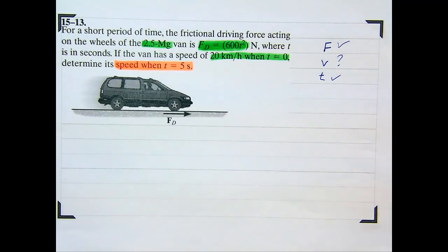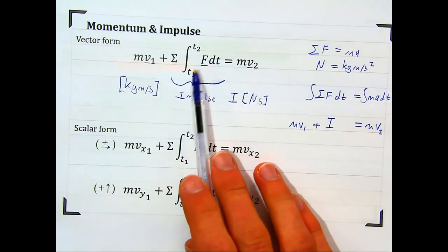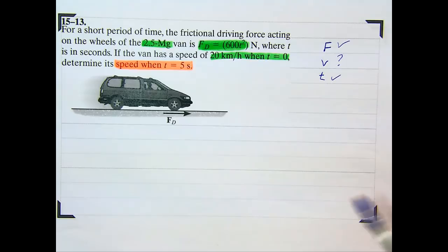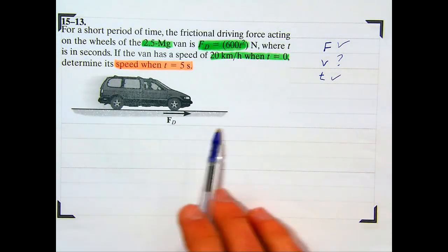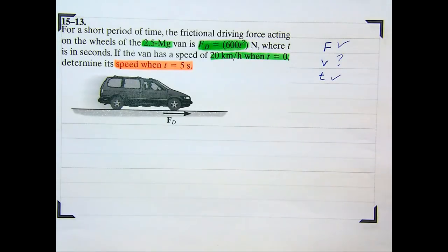So the equation that you would pick would be the equation for momentum and impulse. As you can see, here we've got velocity, we've got force, and we've got time. So since motion occurs in the x direction, we will set this equation up in the x direction, and for that we need a free body diagram first.